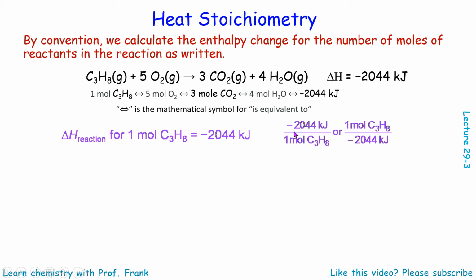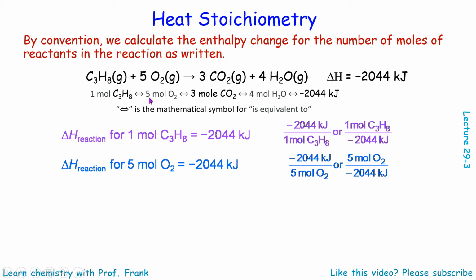And then we can write conversion factors based on this relationship. If we are converting from moles to heat, we write 1 mole on the bottom and the heat quantity on top. Or if we need to convert from heat to moles, we do the opposite.